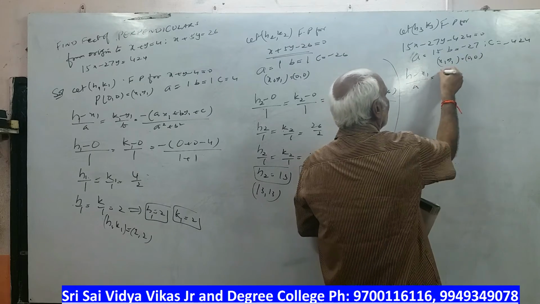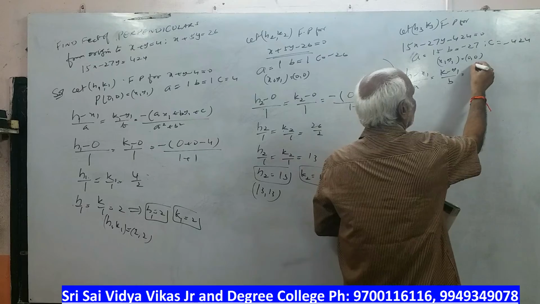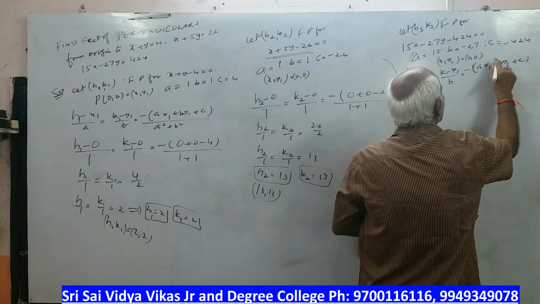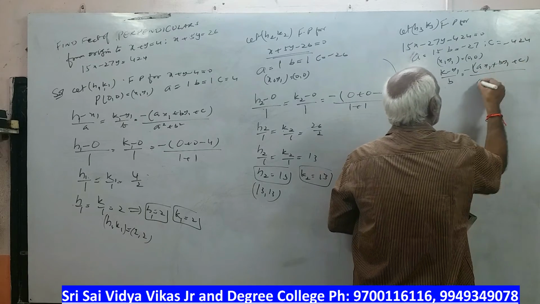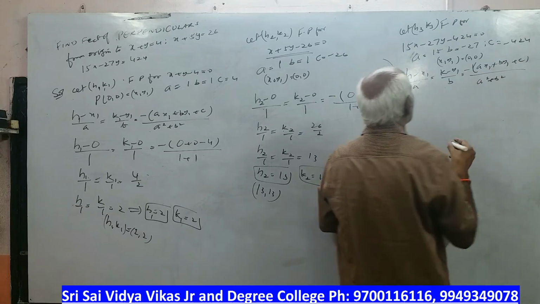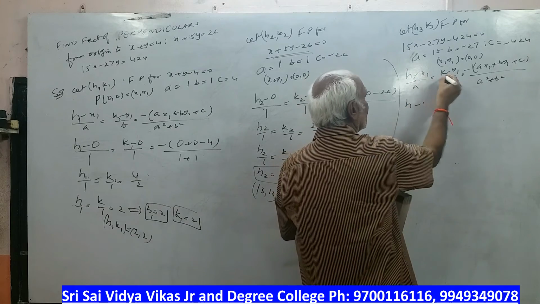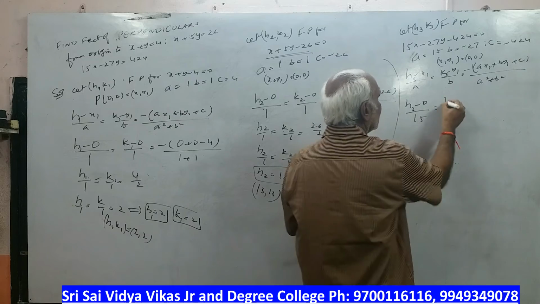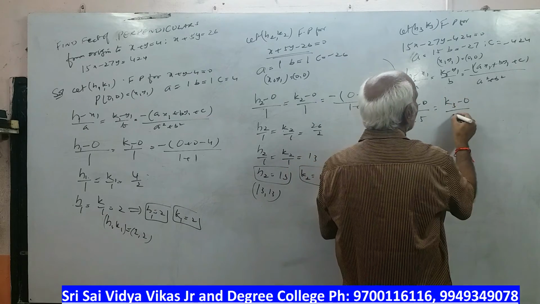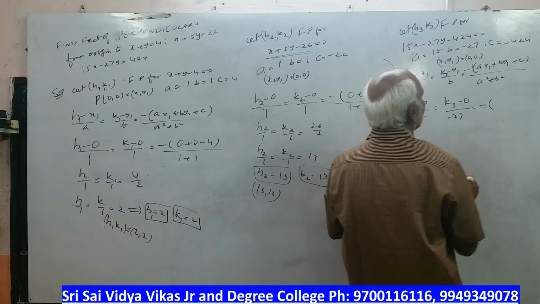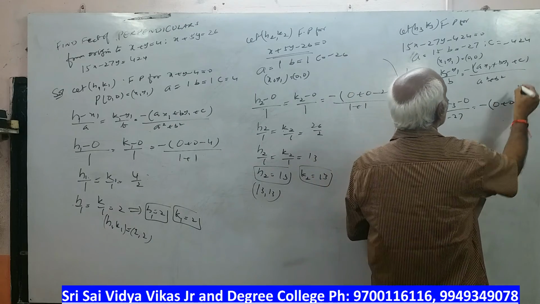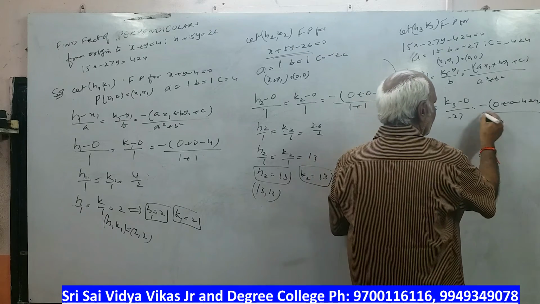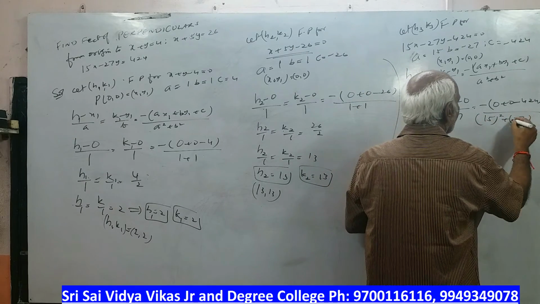The formula is (h minus x1) by a, (k minus y1) by b is equal to minus of (a x1 plus b y1 plus c) by (a square plus b square). So h3 minus 0 by 15, k3 minus 0 by minus 27 is equal to minus of (0 plus 0 plus c, minus 424) by (15 square plus minus 27 square).